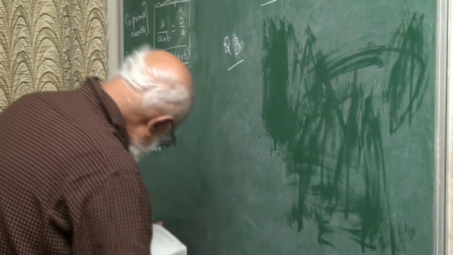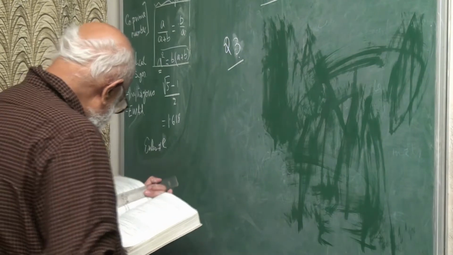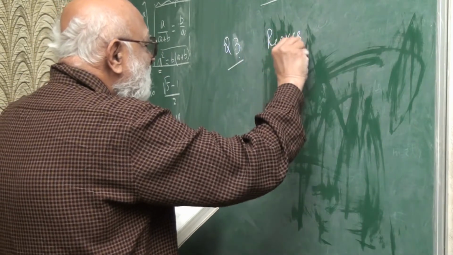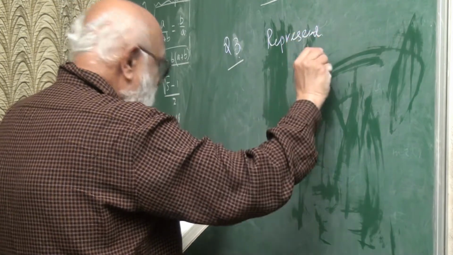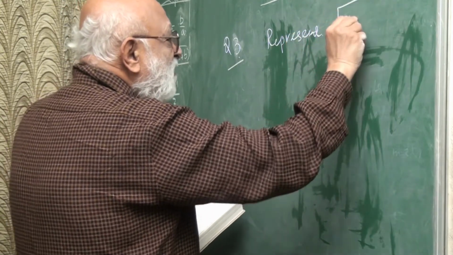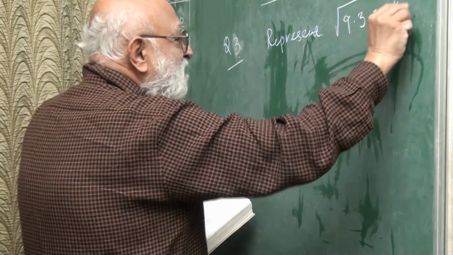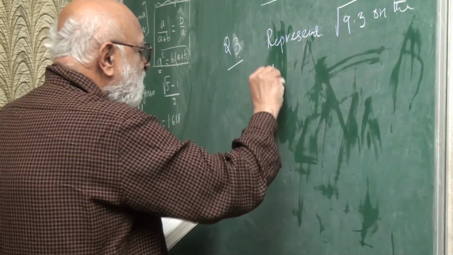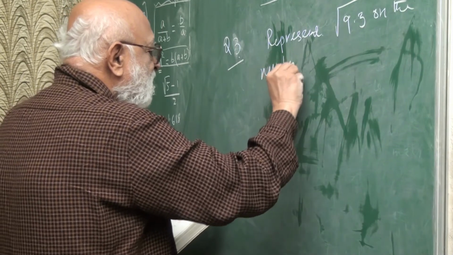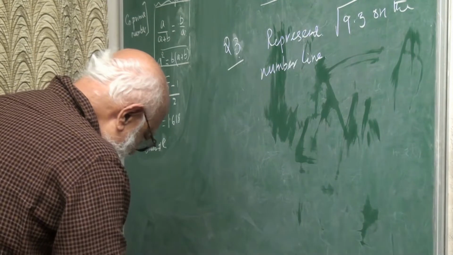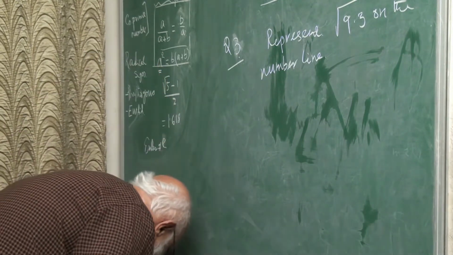Okay. Question number 4, it says represent root of 9.3 on the number line. Okay, so what do we do first?